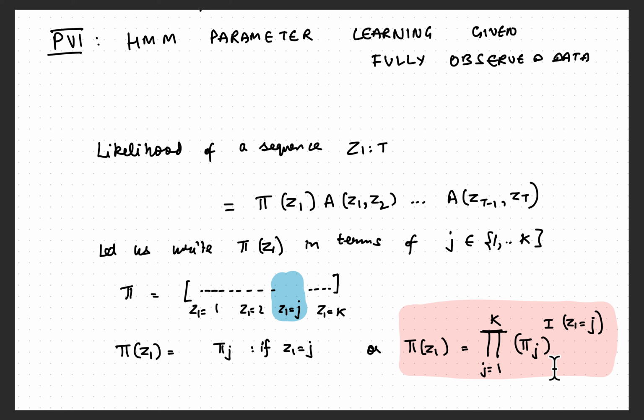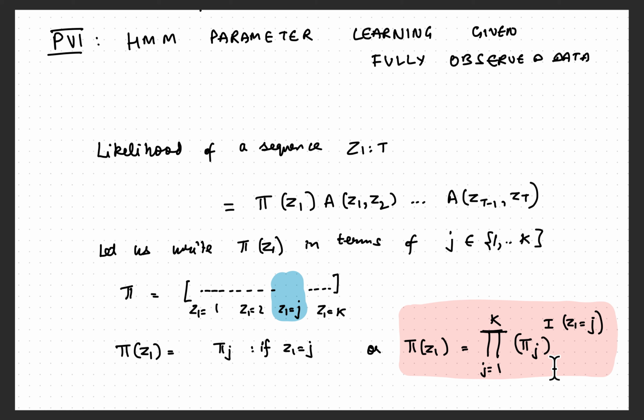So only in the case when z1 is the actual state, when z1 is j, which is the observation of the state sequence that we have seen at time t equal to 1, only in that case would the identity function I z1 equal to j return 1, otherwise it would return a 0.